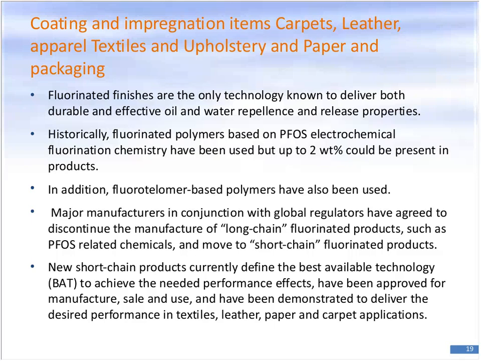Historically, these fluorinated polymers based on PFOS, electrochemical fluorination chemistry, have been used up to 2% weight and could be present in the products. In addition, fluorotelomer-based polymers have also been used.